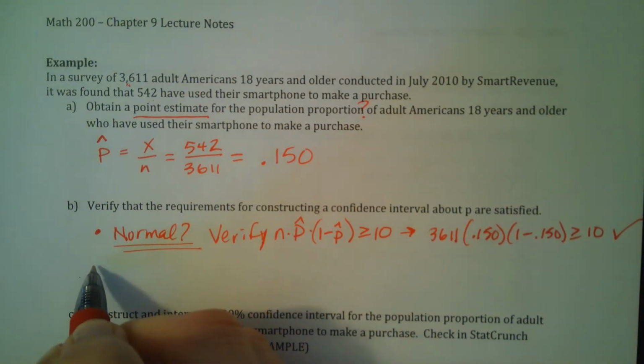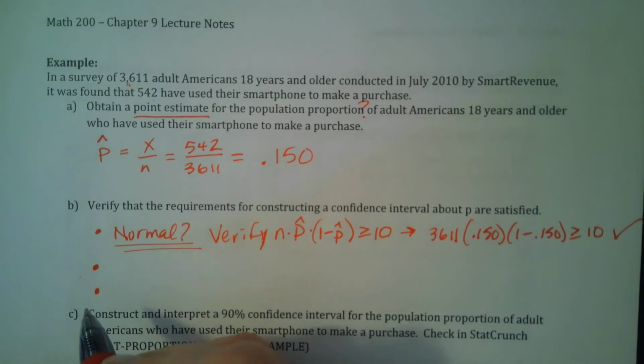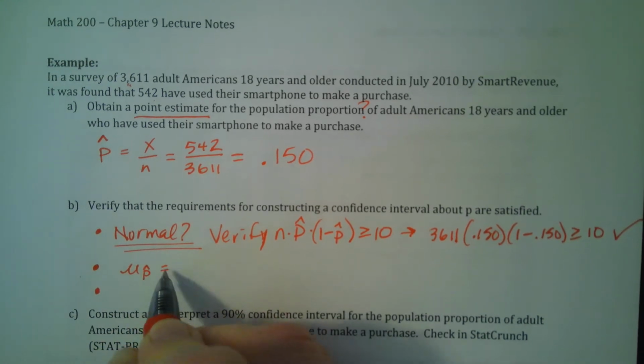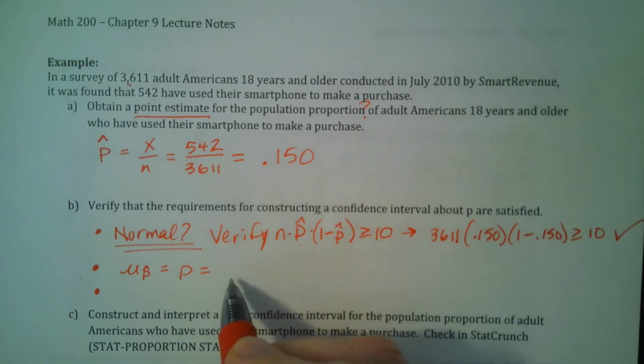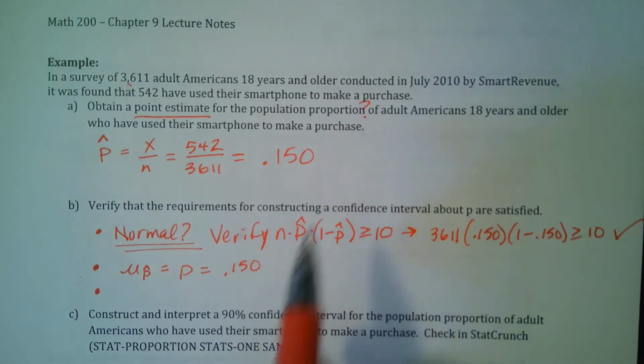So now that we know that it's normal, let's find the center and the spread. The center of this graph is going to be located at the center of your p hats. In this case, we'll assume that that's getting closer and closer to p. So we'll assume that the center will be 0.150. That's going to be our estimate.